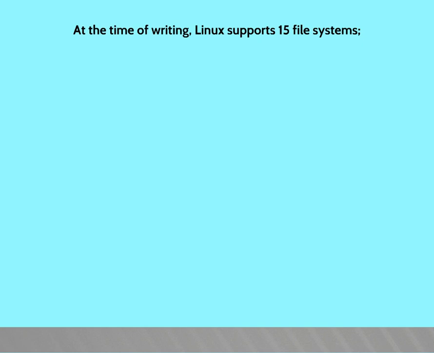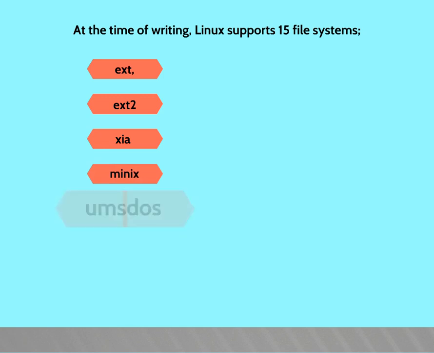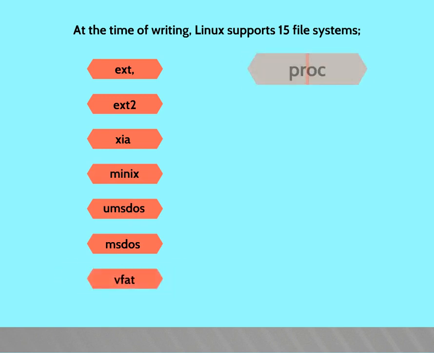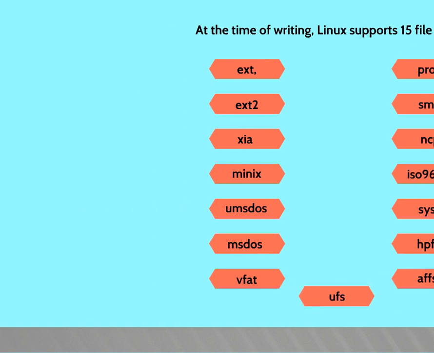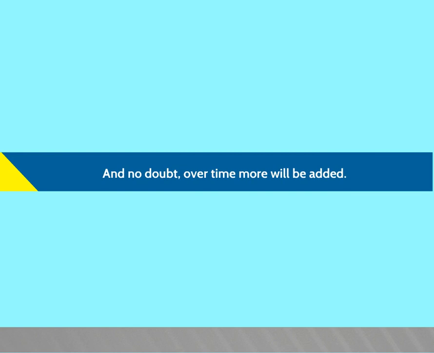At the time of writing, Linux supports 15 file systems: ext, ext2, xia, minix, umsdos, msdos, vfat, proc, smb, ncp, ISO 9660, SYSV, HPFS, AFFS, UFS. And no doubt, over time, more will be added.